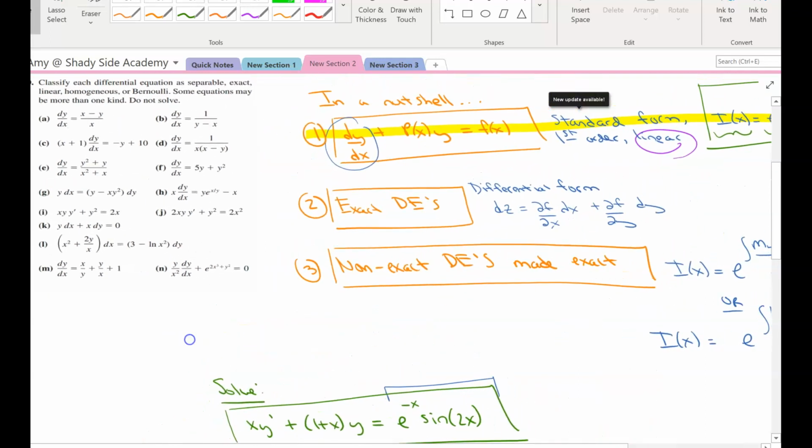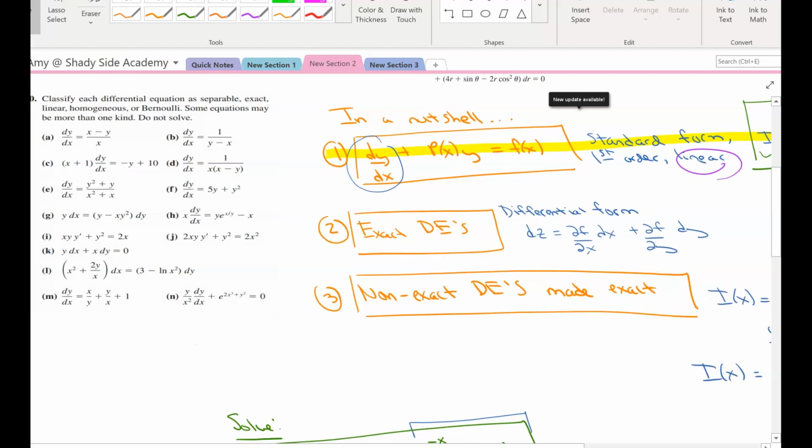Okay, let's see. Let's review the next topic here. Let's take a look at exact DEFEQs. Okay, let's review exact DEFEQs. Generally speaking, when you have an exact differential equation, you have a situation wherein the differential equation needs to be in what I've called differential form.